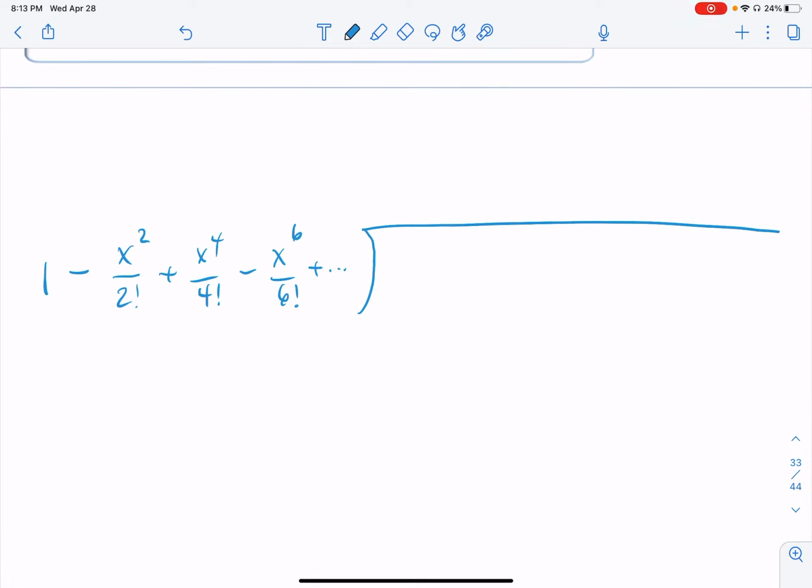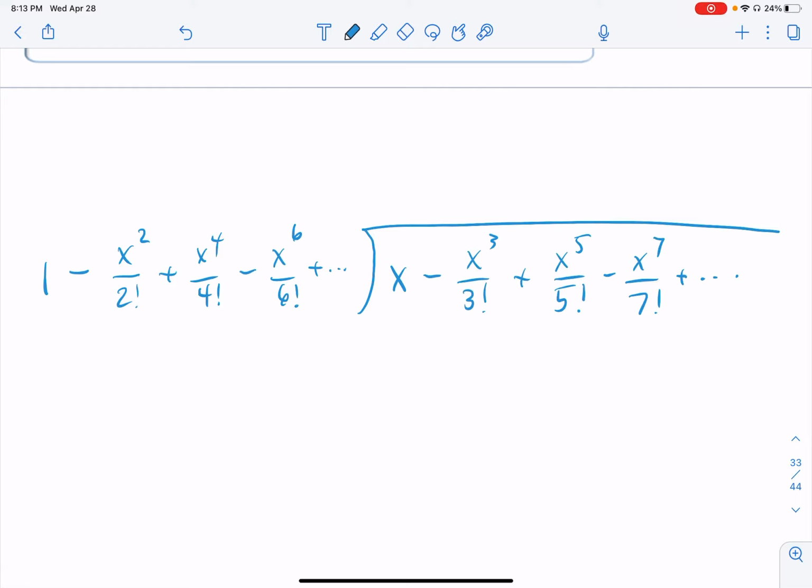And the first odd term for sine is just x, because it's x to the first. Okay. Alternate minus x to the 3rd over 3 factorial plus x to the 5th over 5 factorial. That's a factorial symbol, can you tell? Probably not. I'll fix it, no worries. Minus x to the 7th over 7 factorial. Not that we need that term. I just wanted to do it.